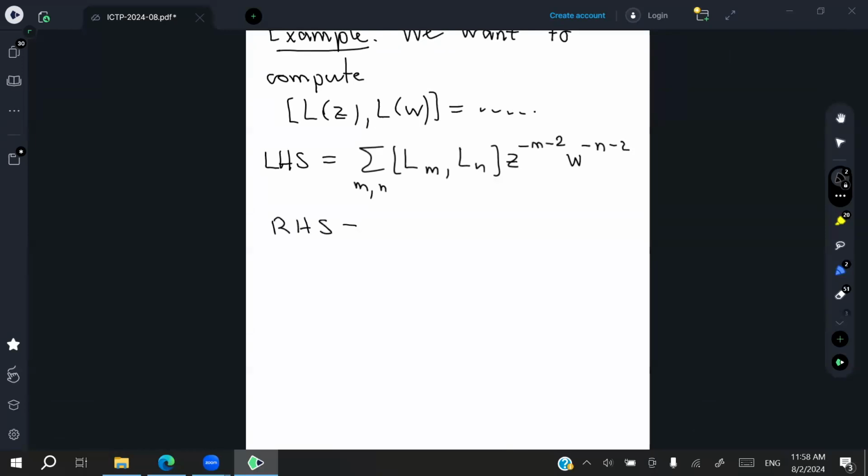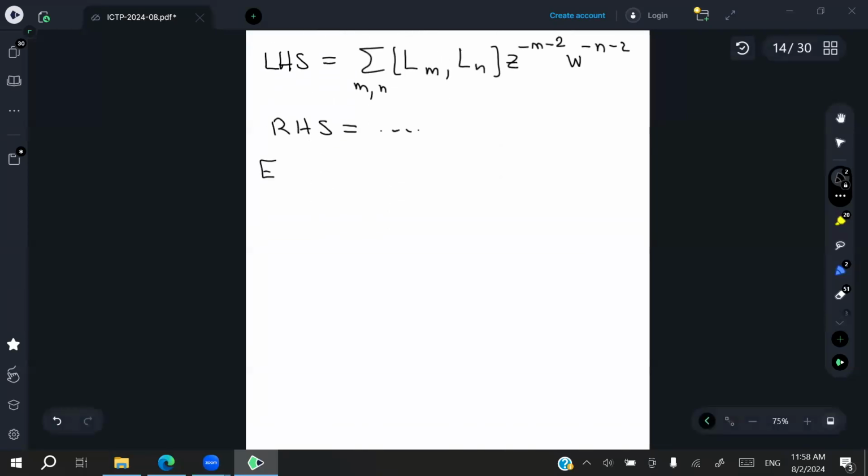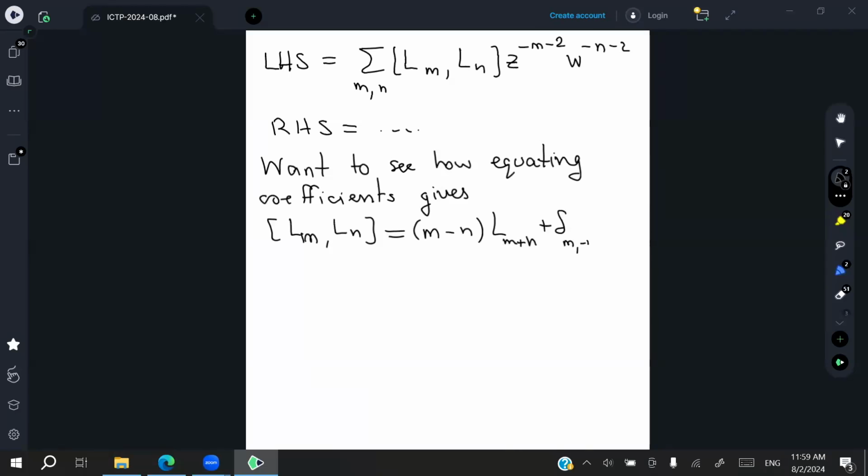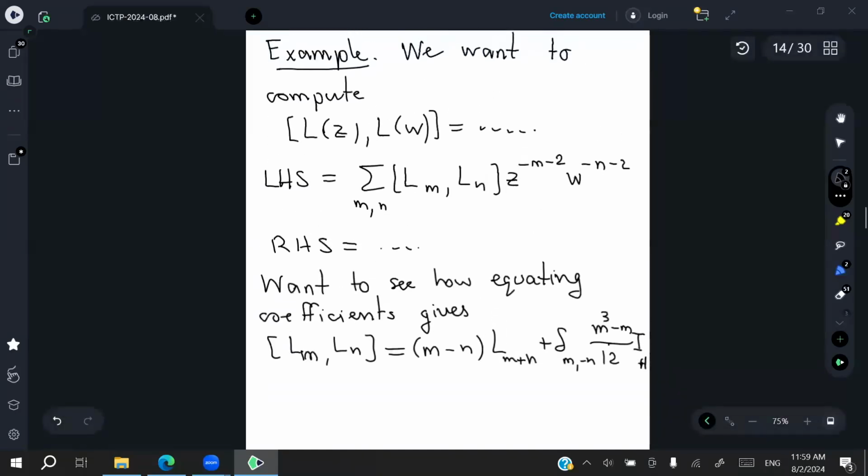And then the right-hand side is going to equal something, and then equating coefficients gives [Lm, Ln], right? Kind of that's the point.